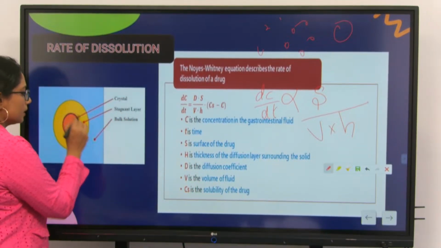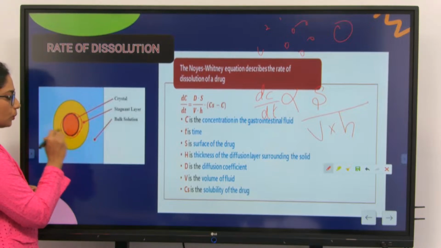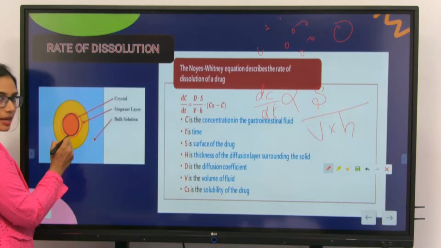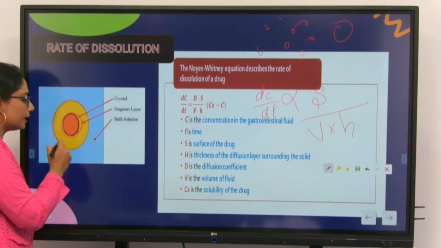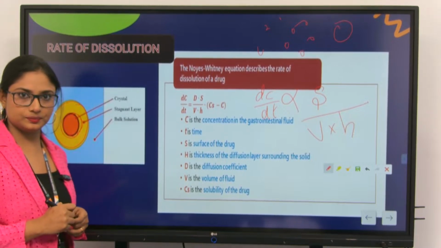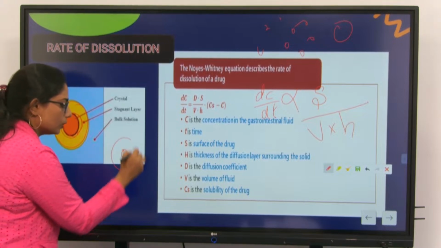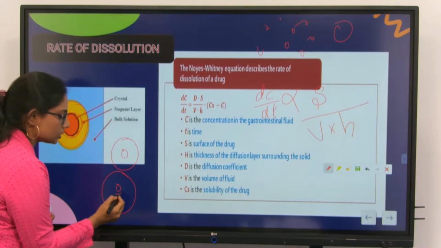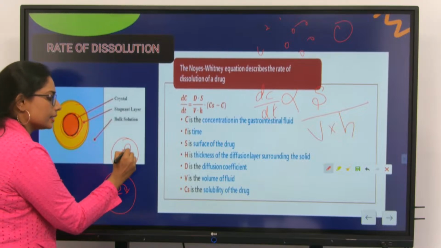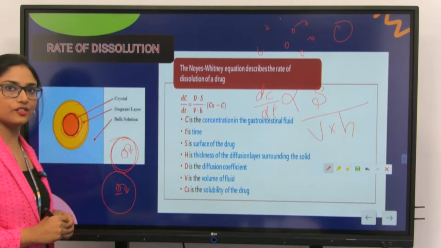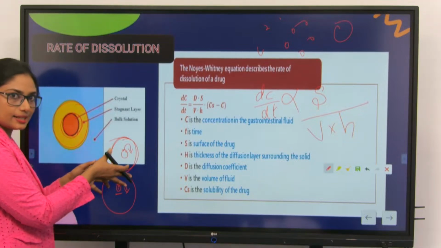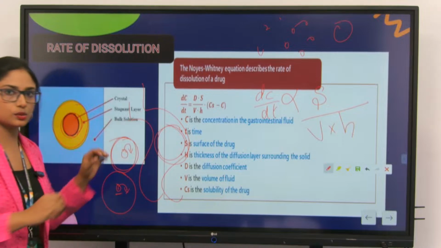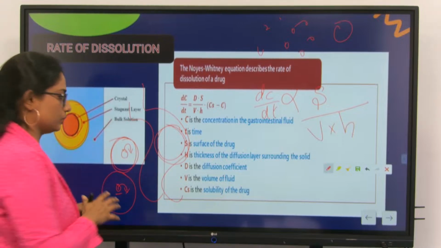After the disintegration process, each granule will be covered with a layer of GI fluid, and these granules will first get dissolved in each GI fluid layer formed, and after that it will completely get dissolved in the entire GI fluid. This is what is actually happening in dissolution.